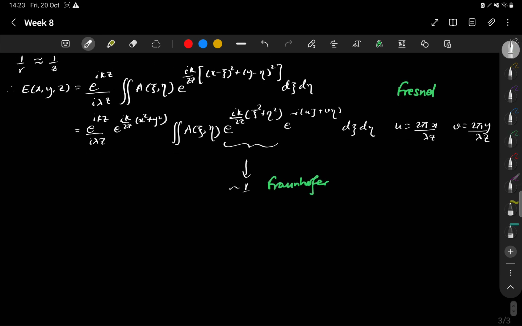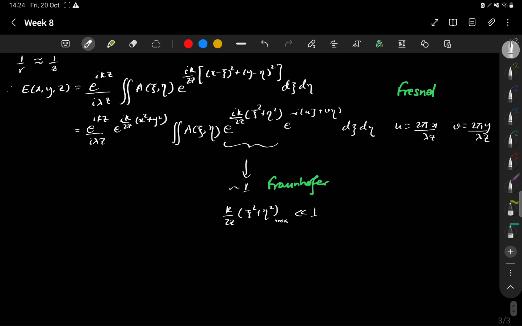And when can we replace this by 1? That means k by 2z times (xi squared plus eta squared) is very small, meaning much smaller than 1.